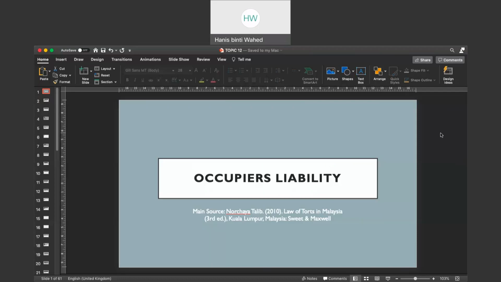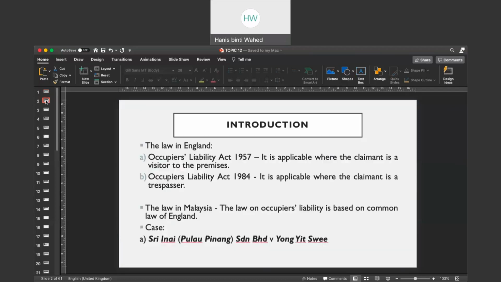Okay, for today we will discuss topic 12, which is on occupiers liability. Basically, this topic is about the liability of an occupier of premises, in cases where there is injury to a person who enters the premises.